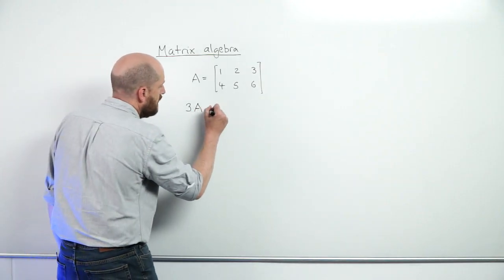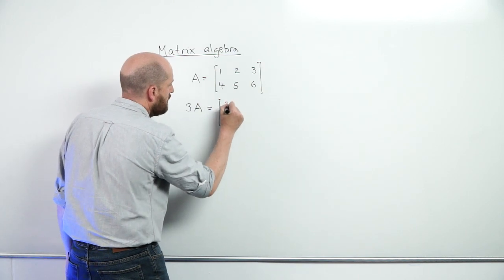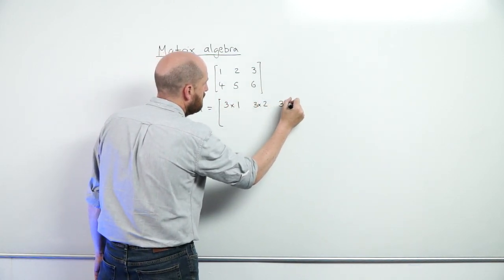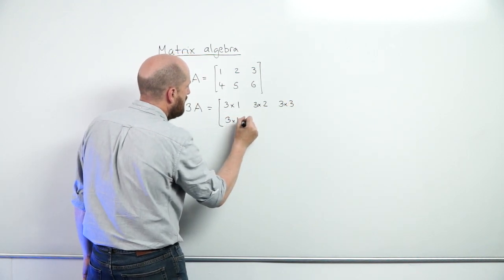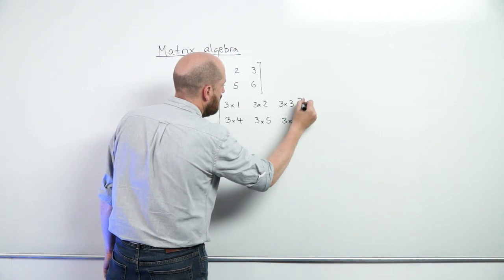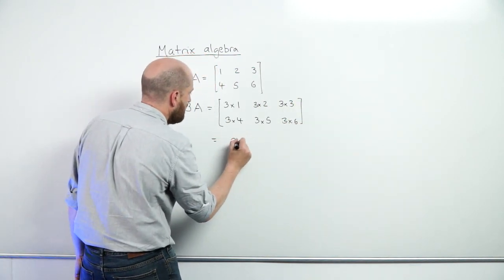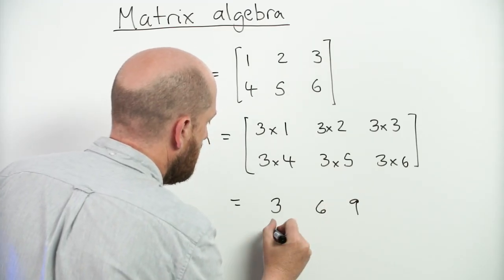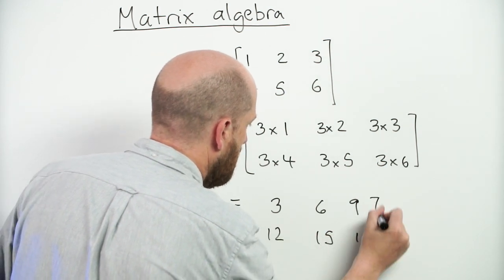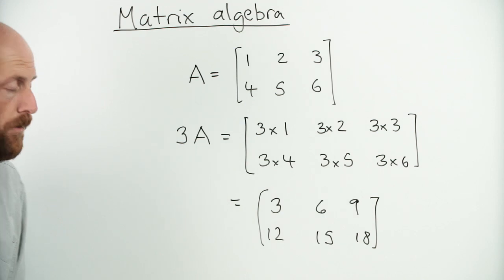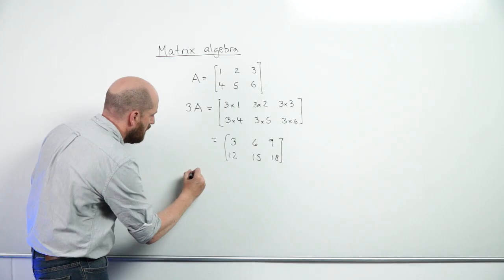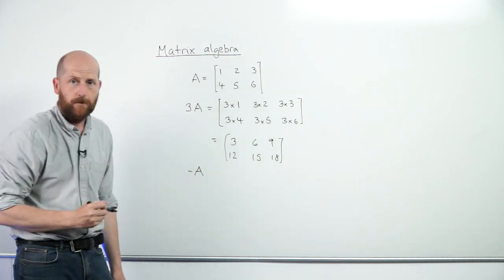And all I do is I multiply every element by 3, and I find my new matrix just by doing those multiplications like that.